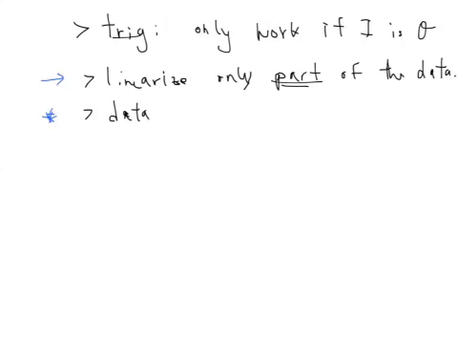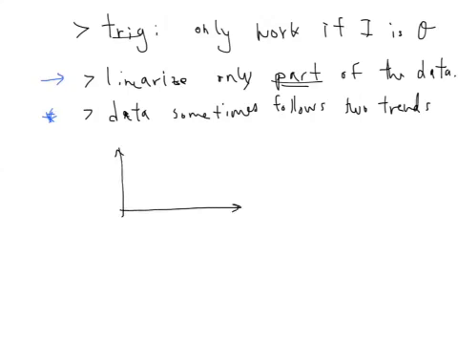The thing to think about and discuss is data sometimes follows two or more trends. So let's say you've got your dependent variable and your independent variable, and the data sort of maybe does something like this, right? It sure sort of looks like there's one trend here and then another trend there.